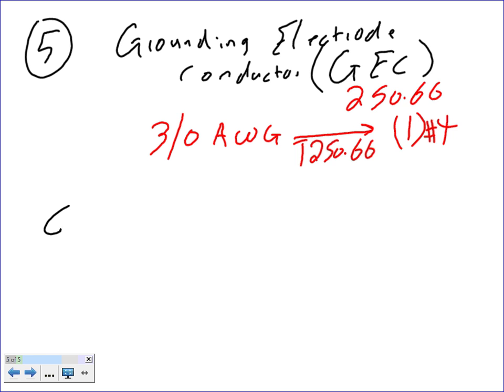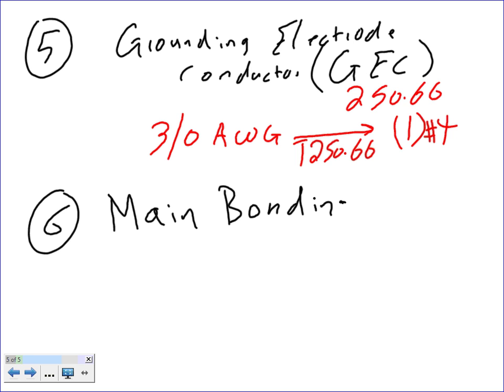Number 6, guys, it's called the main bonding jumper. That's the technical term for it.